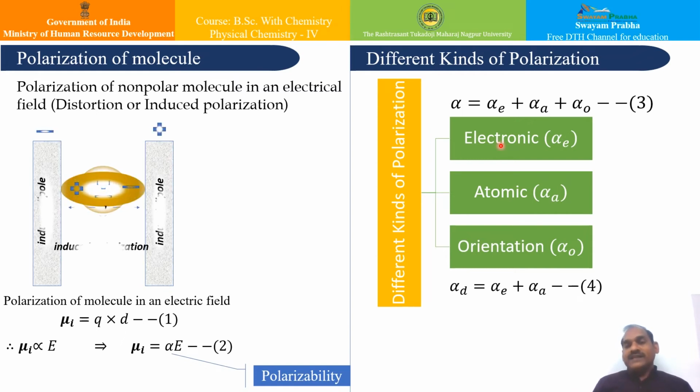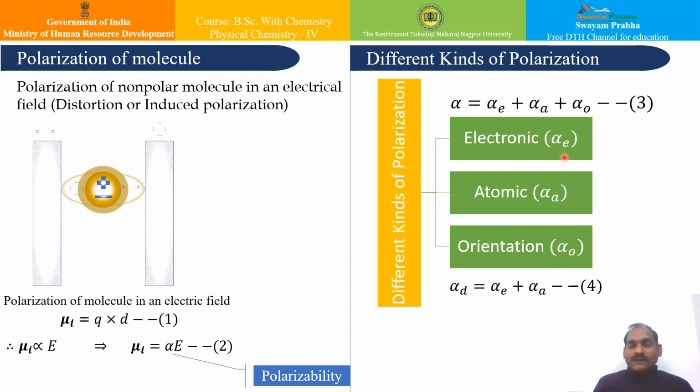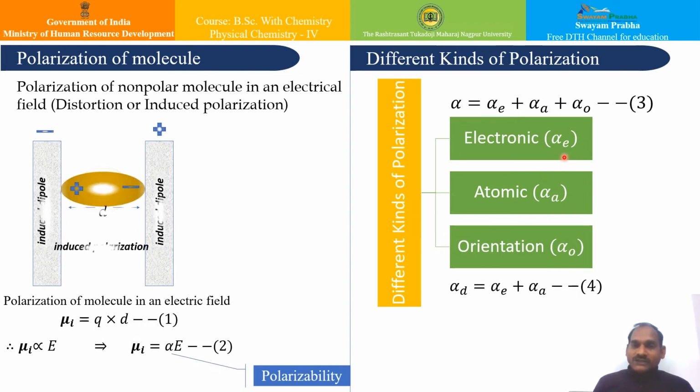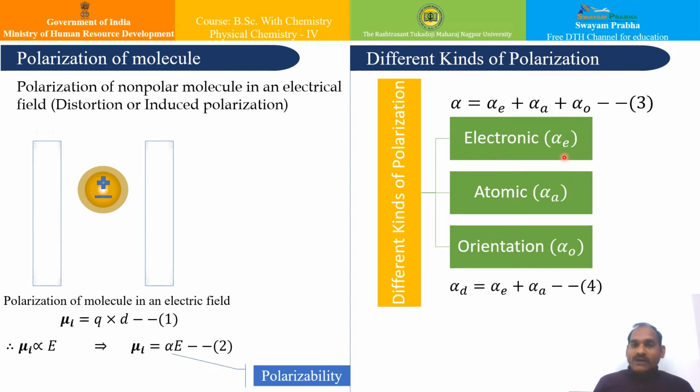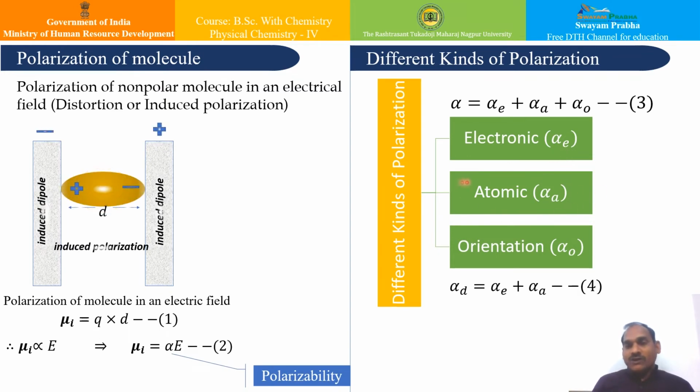The polarizability is represented as electronic polarizability, alpha E. In case of atomic polarization, the nuclei or atoms are distorted towards the negative end of the field, and the polarizability is represented as alpha A, that is atomic polarizability.